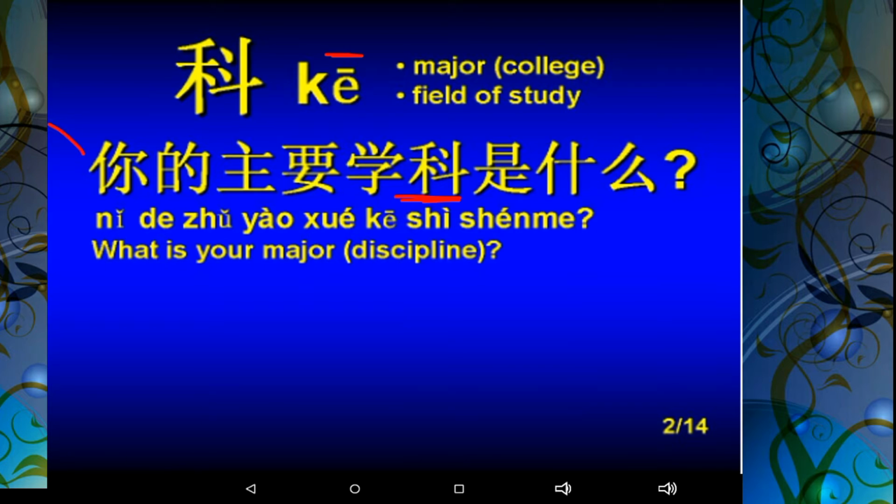Okay, ready? 1, 2, 3. 你的主要学科是什么？重复 repeat. 你的主要学科是什么？重复3，快点。你的主要学科是什么？ So, what is your major?